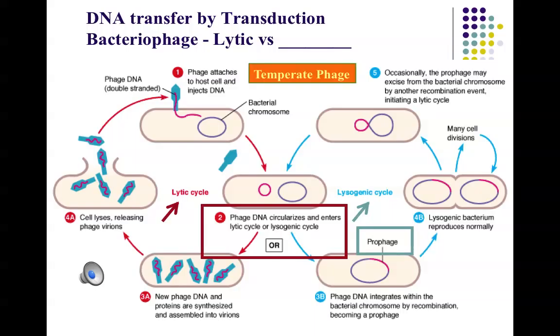Either way, this process is called transduction, because at step number 5, when we have the excision of the prophage popping back out into a complete construct of DNA that's going to be used by the virus, when that excision occurs, it's not perfect, and we find that there are bits and pieces of bacterial chromosomes that are often attached to the viral DNA.